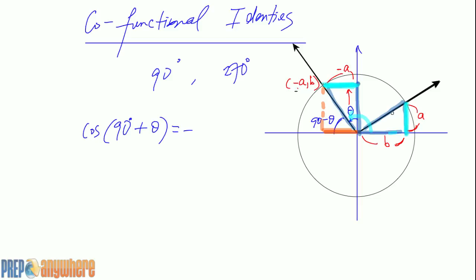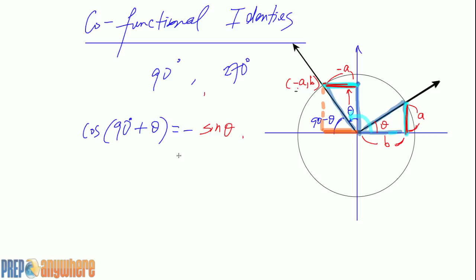So this angle right here is theta. Is a sine of theta or cosine of theta? A is the y value right now. See, do you see how here it's an x value? This is a horizontal value, right? Here it's a vertical value because we rotated. This becomes minus sine of theta.